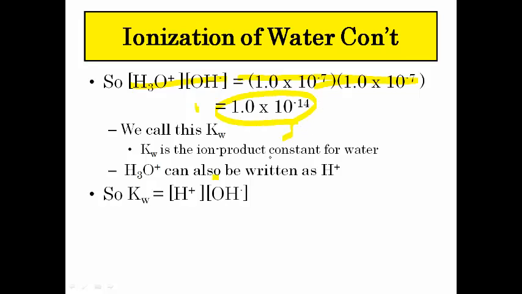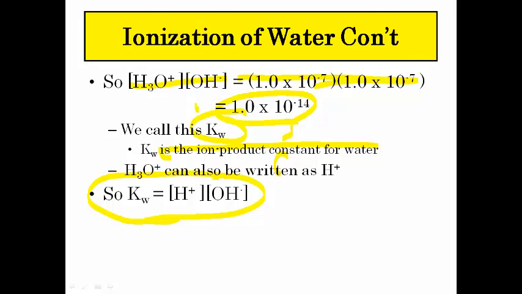We call that Kw, the ion product constant of water. Since it's derived from the hydronium ion and the OH ion, we can use that as a constant to figure out hydrogen ion concentration or OH ion concentration.